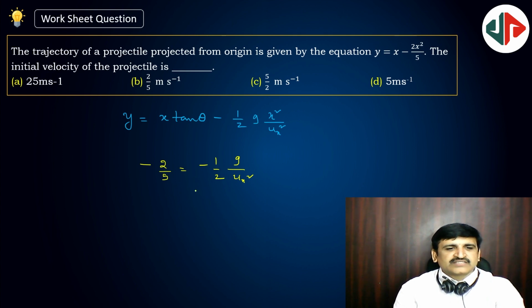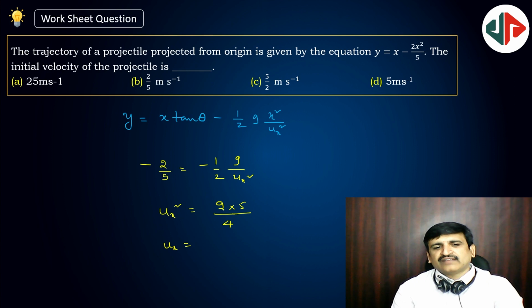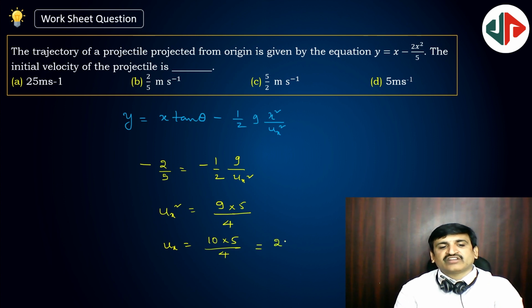So minus minus will go, ux square is equal to g into 5 by 4. Okay, g value 10, so 10 into 5 by 4, 50 by 4, 25. This is ux square. Ux is equal to 5.